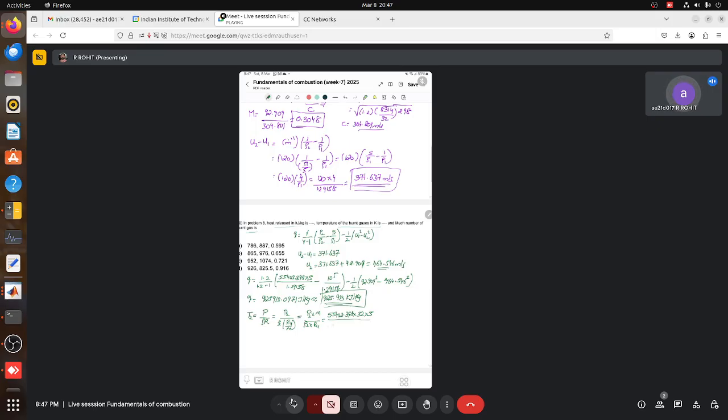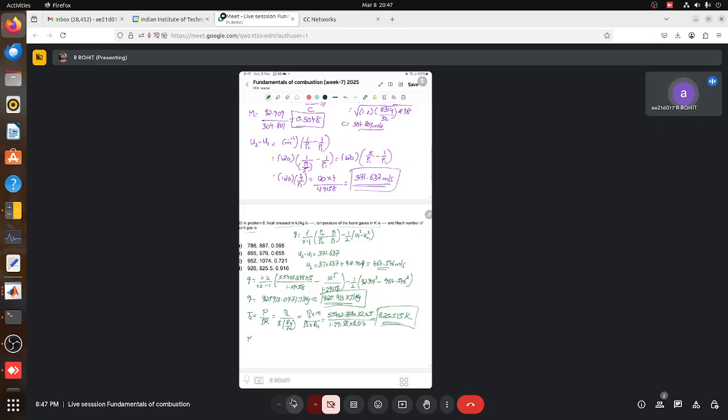That 5 comes from the rho 2 case, which is nothing but rho 1, 1.219158 into 8314. So if you substitute here, you will get a value close to 825.515 Kelvin. So this is the burnt temperature T2 that you are having.